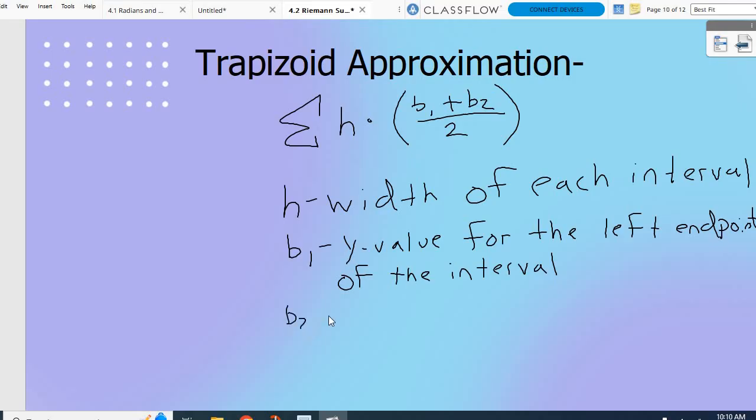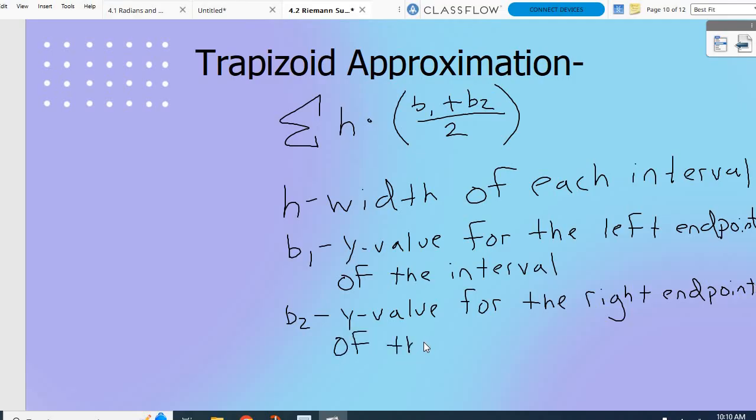And your base 2 is going to be the y value for the right endpoint of the interval. So it's kind of combining a left and a right.